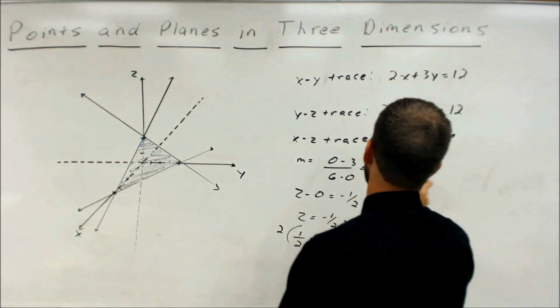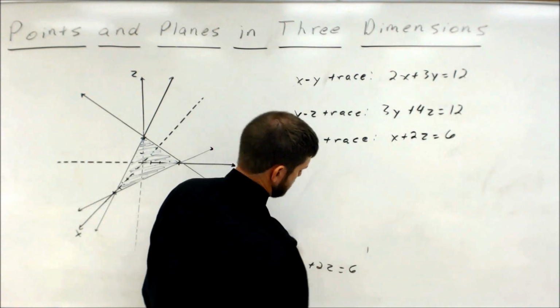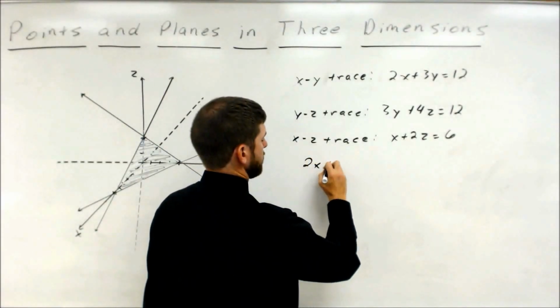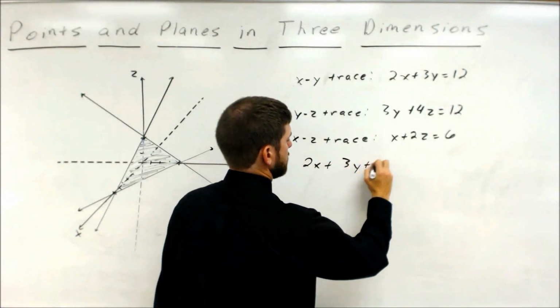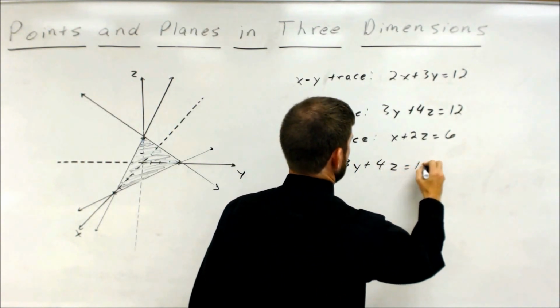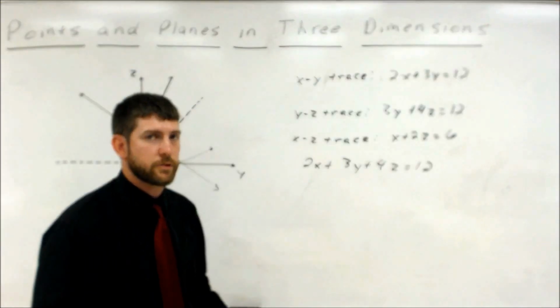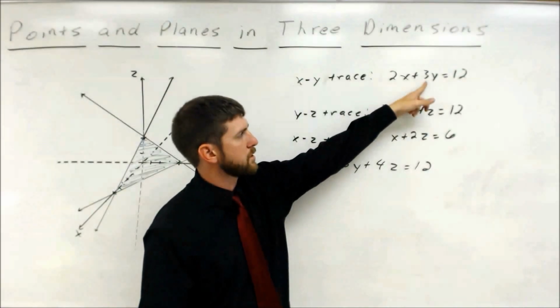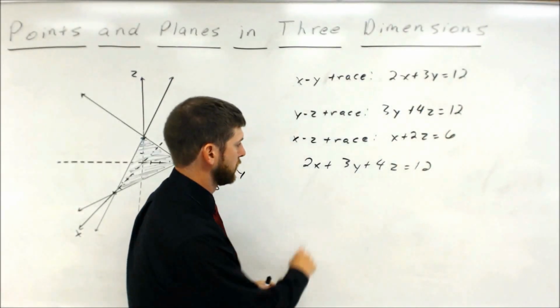Let's go back and look at the original equation for the plane one more time. 2x plus 3y plus 4z equals 12. And let's look at the traces again. XY trace was what? 2x plus 3y equals 12.